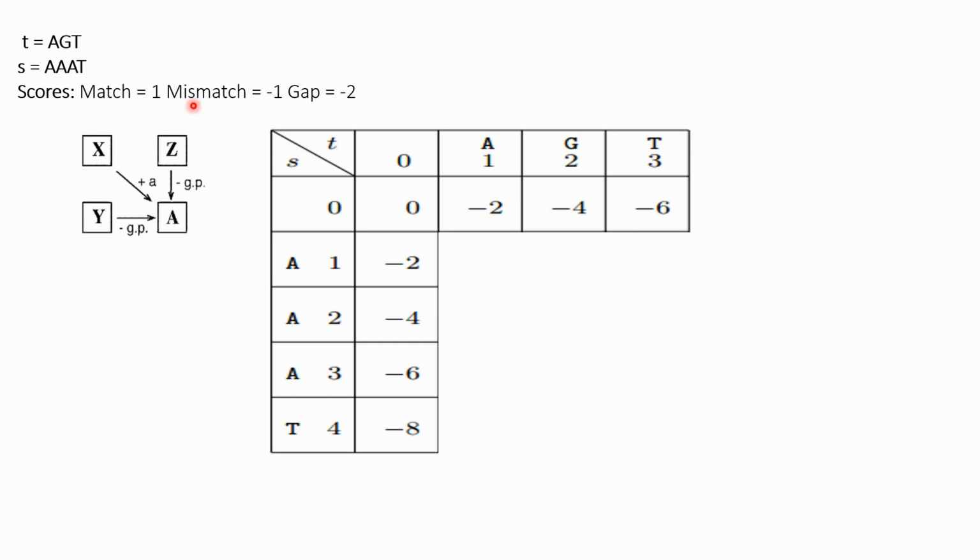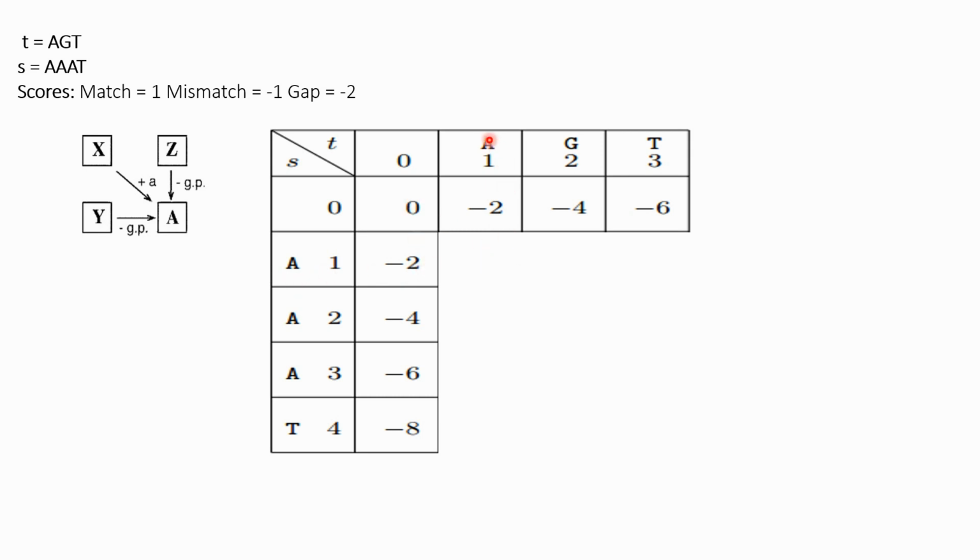You need to remember this approach while filling this matrix, because you will have to face this in every box. So here we need to fill this box, and we have these three values here: minus 2 in the upper box, minus 2 in the left, and 0 here.